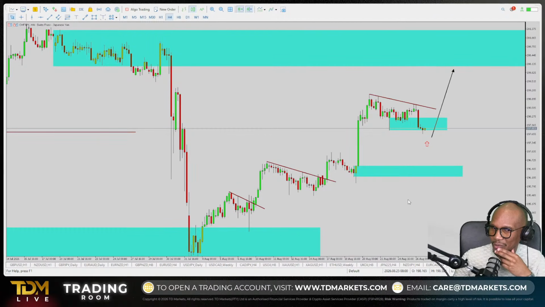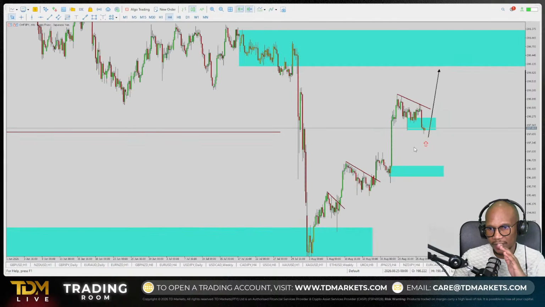You know, when the market corrects, the market tends to take time correcting as opposed to impulsing. So what you're gonna notice is when the market is moving in an impulsive phase, it tends to move quicker than when it's correcting. So the correction takes time, right?